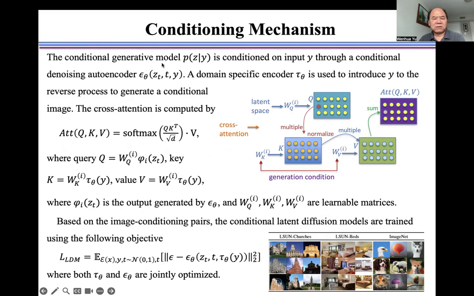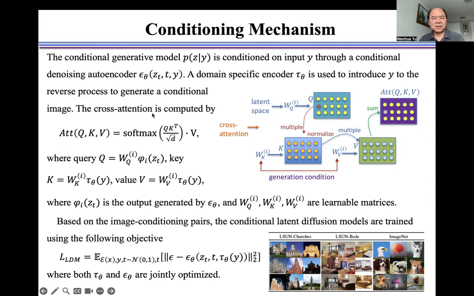The conditional generative model P is conditioned on input Y through a conditional denoising autoencoder epsilon theta. A domain-specific encoder tau theta is used to introduce Y to the reverse process to generate a conditional image.